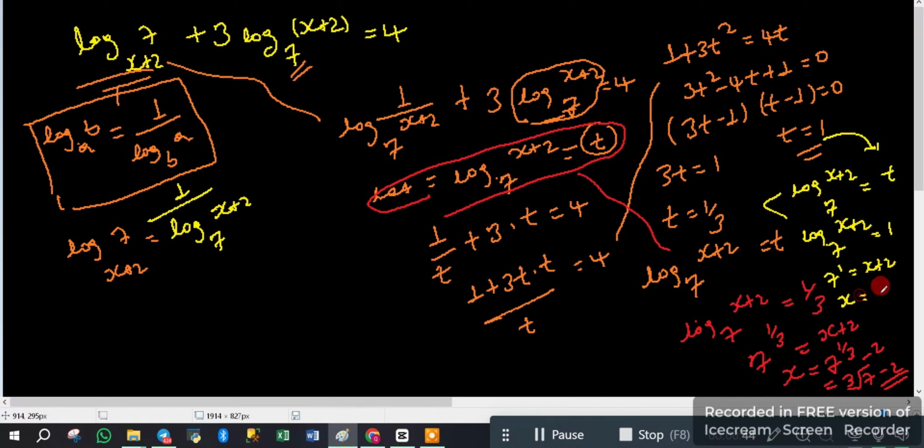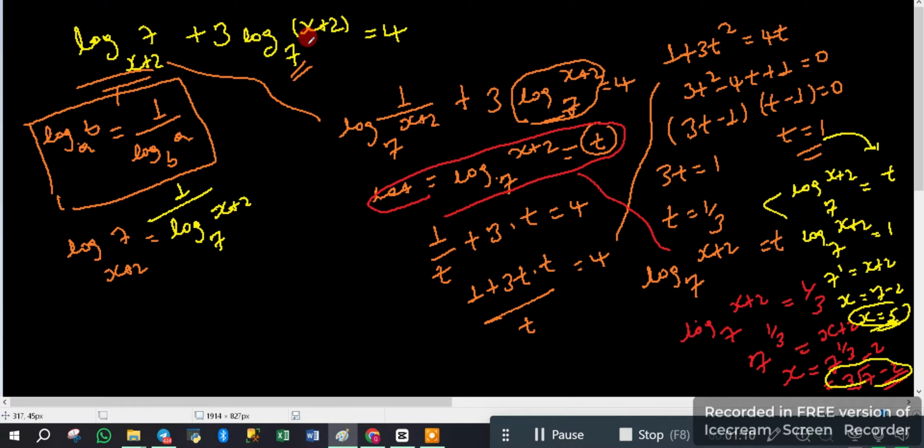So x is equal to 7 minus 2, x is equal to 5. So this is the second value. So x is equal to 5 and x is equal to the cube root of 7 minus 2.